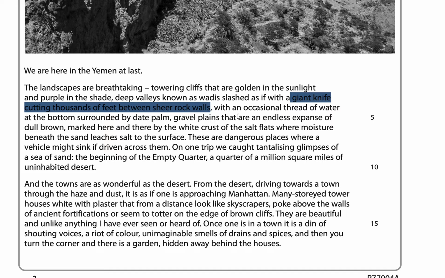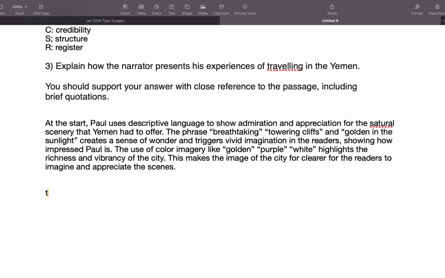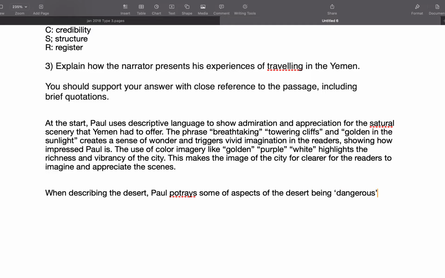So we can say that when describing the desert, Paul portrays some aspects of the desert as being dangerous.